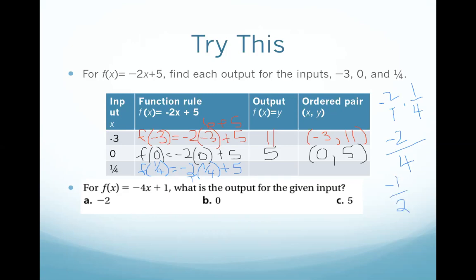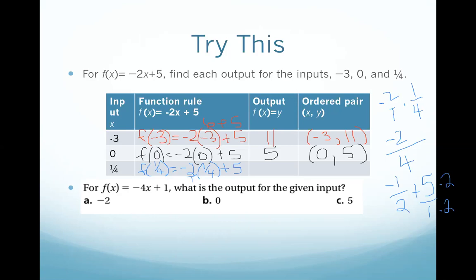Okay, so now I have negative 1/2, but I have to add 5. Well, in order to add fractions, we do need a common denominator. So right now it's over 1, I need it to be over 2. So what do I have to do to get a denominator of 2? I'm going to multiply numerator and denominator by 2. They have to be multiplied by the same number because this is not an equation, right? We can't multiply by something on both sides because there's only one side.